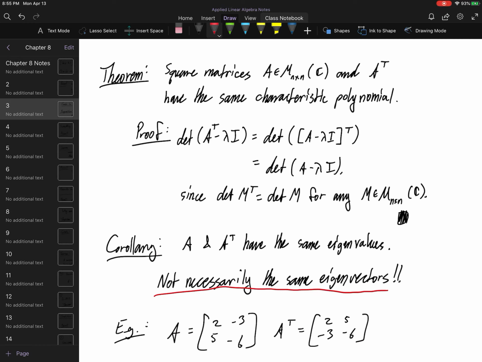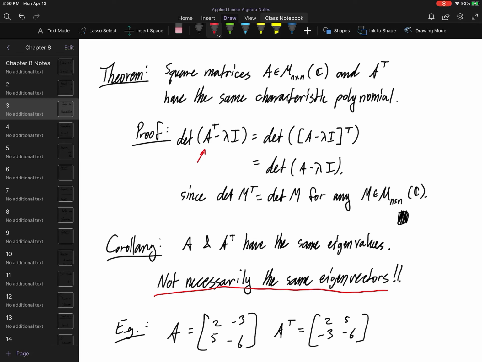But our next theorem is that square complex-valued matrices, which again includes real-entry matrices, A and A transpose, have the same characteristic polynomial. And you can see that pretty quickly here.